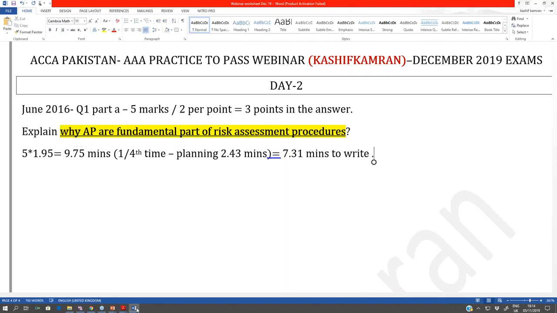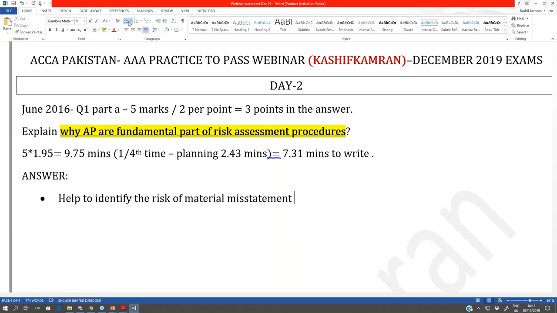Number 1, we can have 3 points for a 5 marks answer, and then you can elaborate upon them. The first reason why they are a fundamental part of risk assessment procedures: because they help to identify the risk of material misstatements.